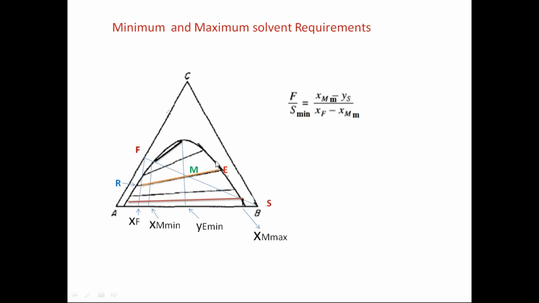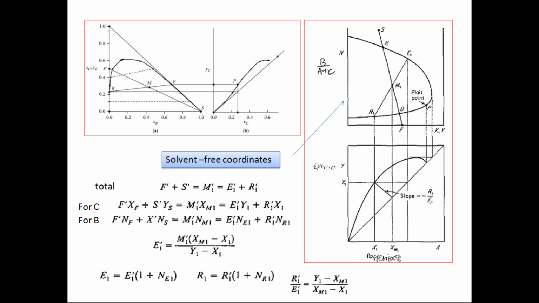So as a whole, for a particular system, by using the triangular diagram, you are able to find out the ranges of the solvent requirement, lower limit and higher limit. Minimum and maximum can be estimated. Hope that everybody is understanding this. Similarly, you can use the right angle triangle diagrams.